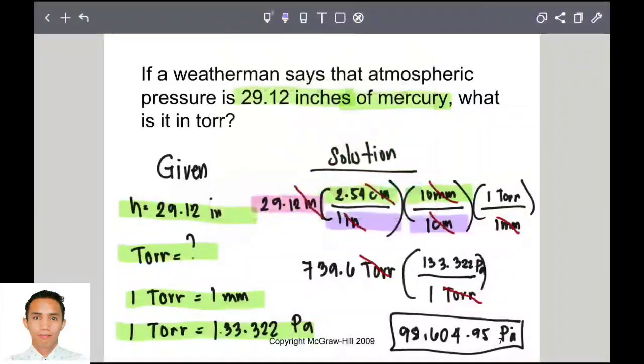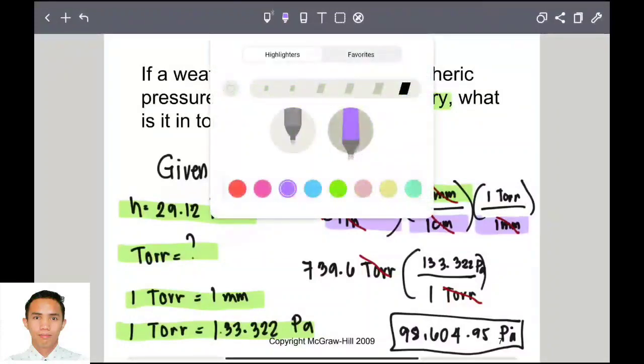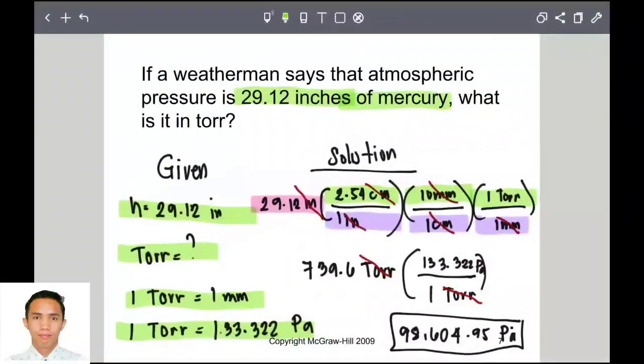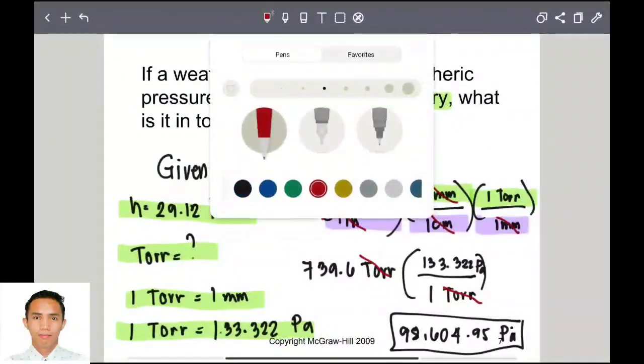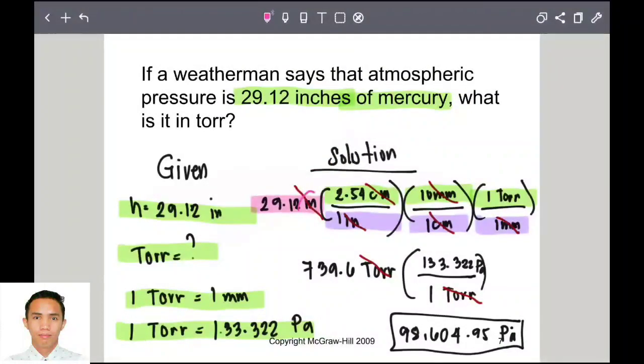Then 1 millimeter is equivalent to 1 torr. Now we're going to cancel the inches, cancel the cm, cancel the millimeter, and the remaining is torr. Multiply the numbers, then the result is 739.6 torr. Now we already have the answer for torr.